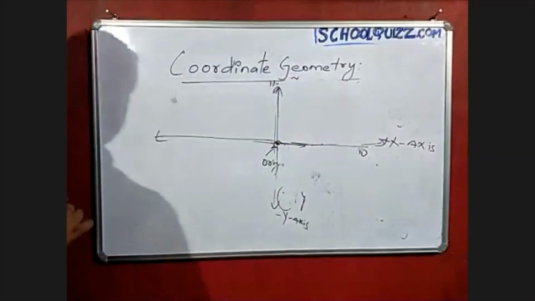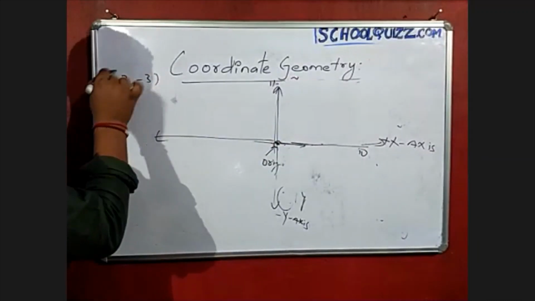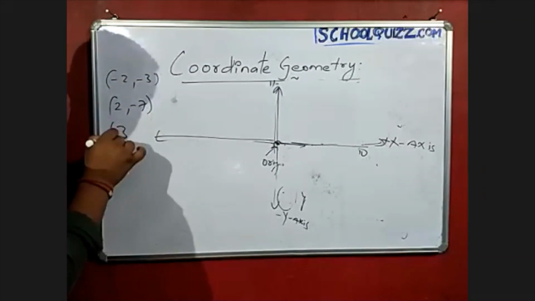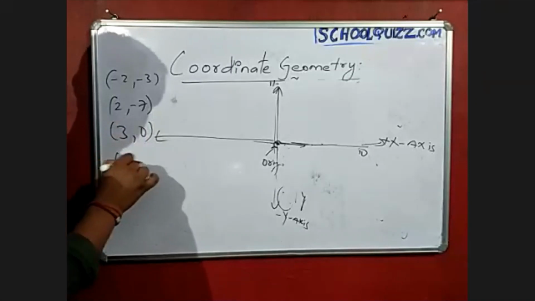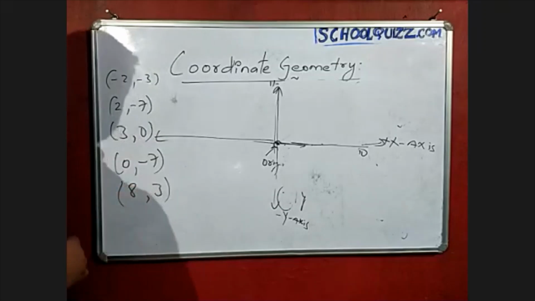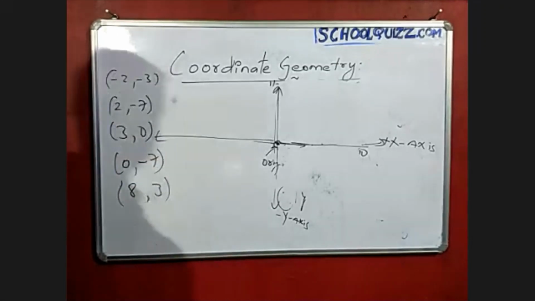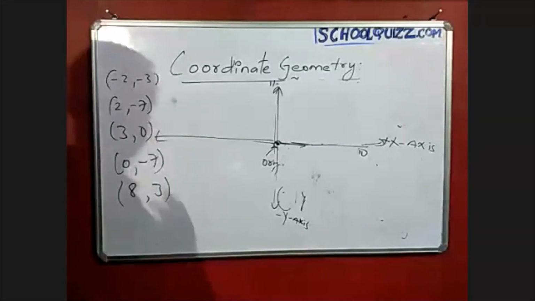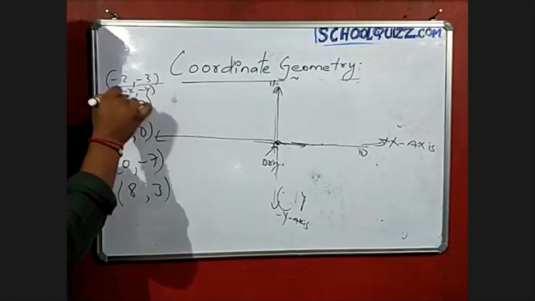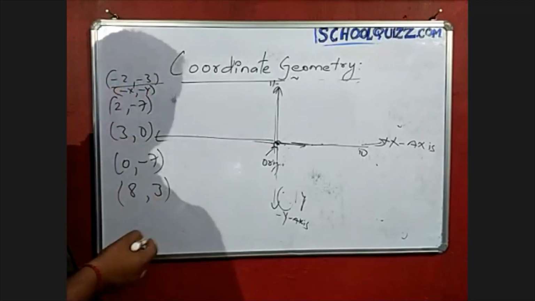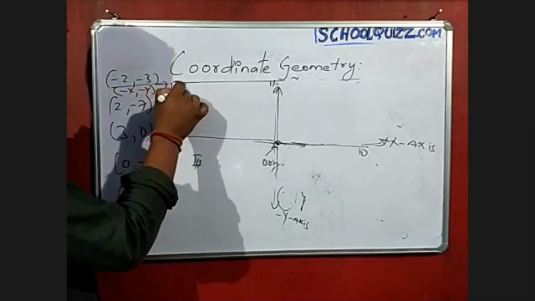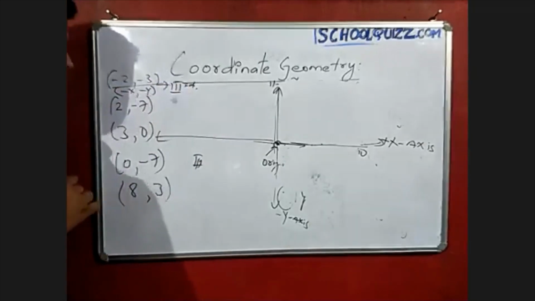Suppose the points are (-2, -3), (2, -7), (3, 0), (0, -7), and (8, 3). Let us try to plot these points and see in which quadrant each lies. Here x is negative and y is also negative, so both coordinates are negative. In which quadrant is that? That is the third quadrant, so this point lies in the third quadrant. Now what about this one?